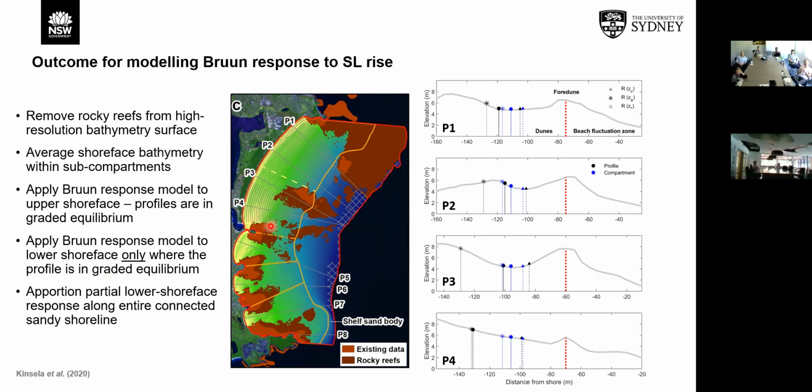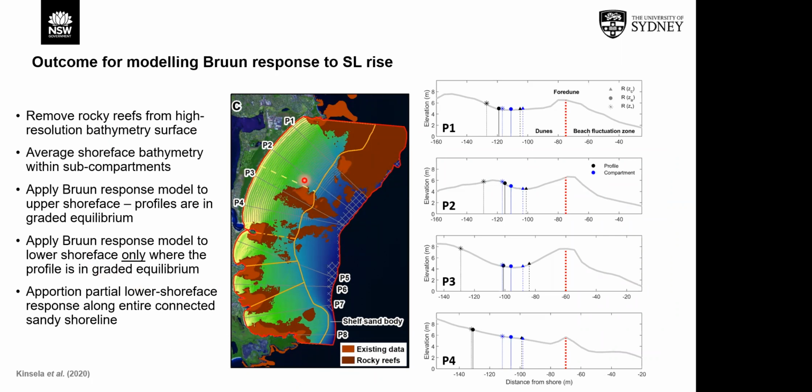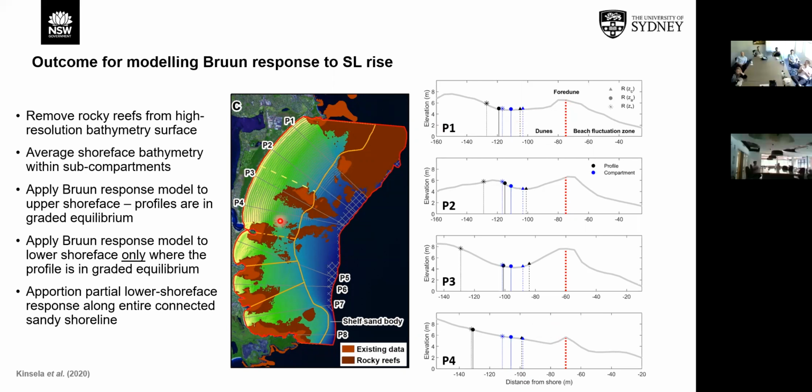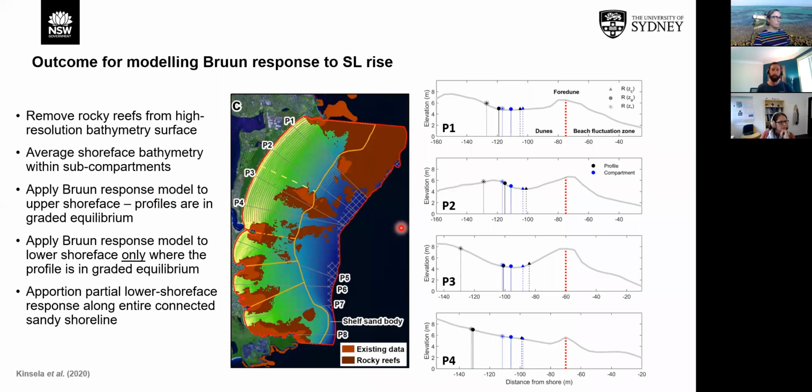So essentially apportioning the calculated response only to where it is feasible based on the seabed mapping evidence. I won't go into too much detail, but here are some plots of predicted shoreline change for those four profiles. With our compartment approach, which takes all of these things into account, we found very different predictions of future shoreline change in response to a 1 metre sea level rise.